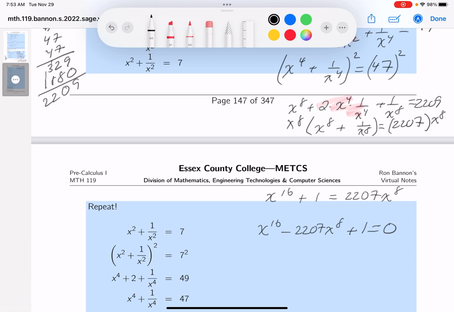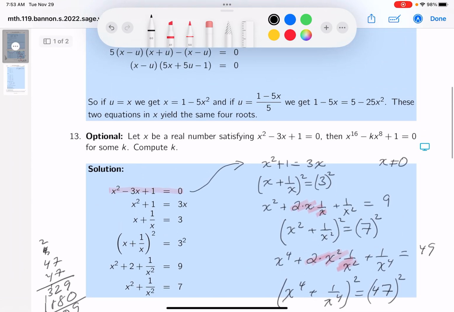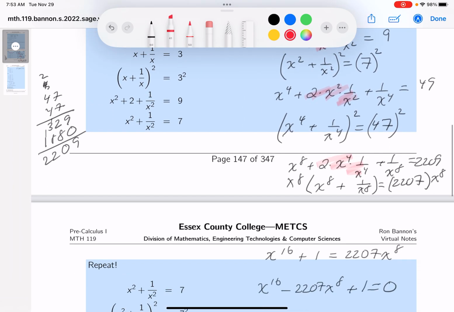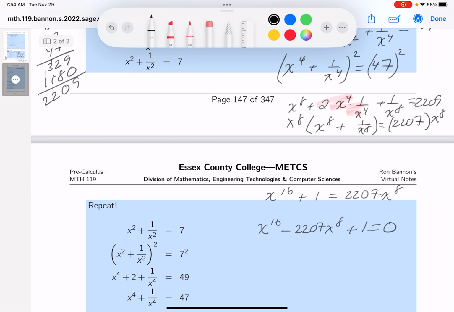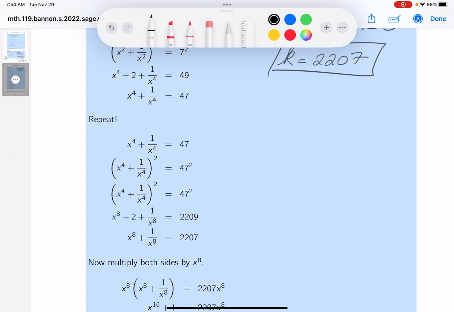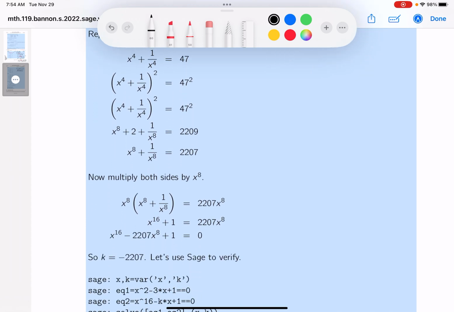I want to go back and tell you what the goal is. The goal is to find out what k is. I got it in the form x to the 16th minus k x to the 8th plus 1. So what's k going to be? Well, by inspection now, k is equal to 2,207. All work is written down, and we do have the final answer for you, which is going to be 2207.